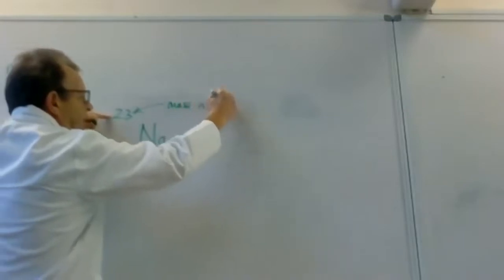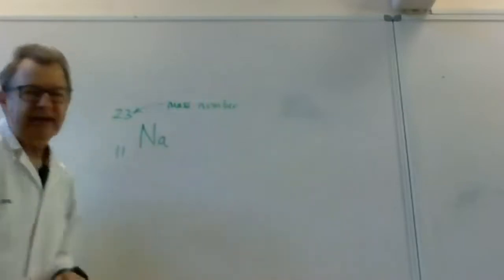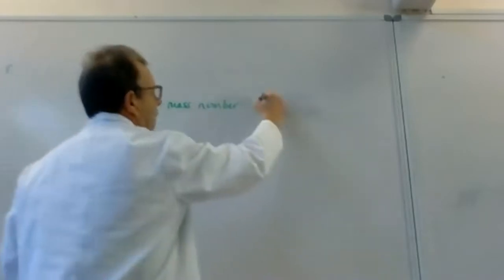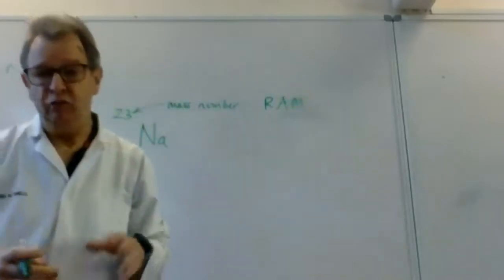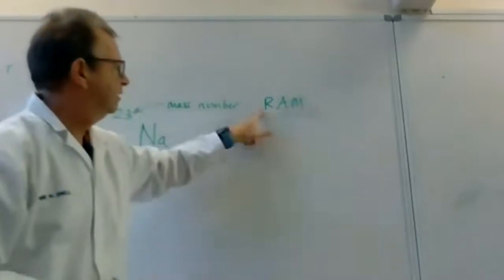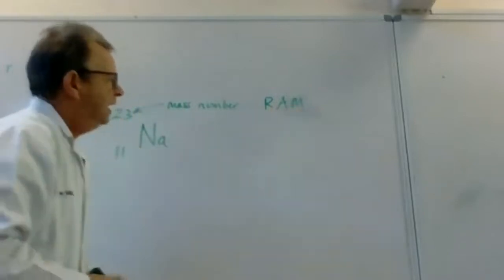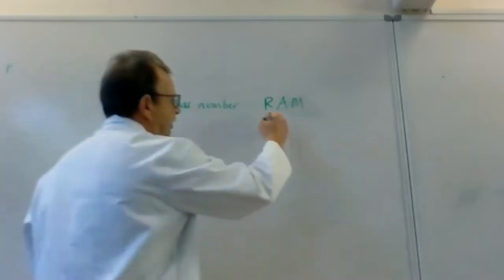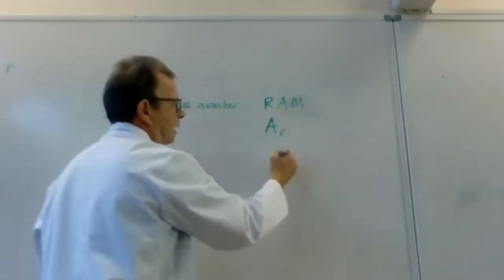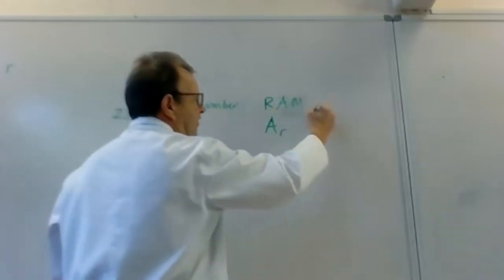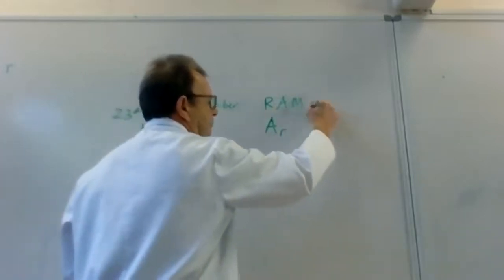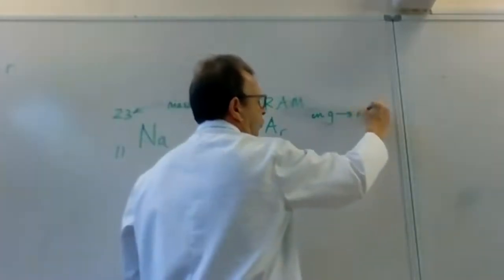Now, you probably know the mass number as the RAM. Most schools in Kenya call it the RAM. The RAM is the relative atomic mass. If we take the RAM, in the UK we often call it the AR. That's the atomic mass, but it's relative. If we take this in grams, this gives a mole.